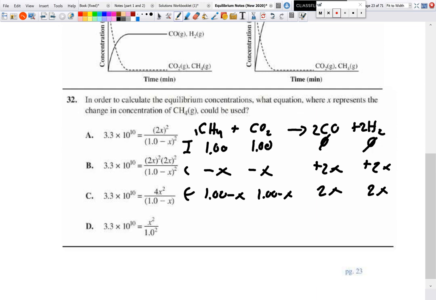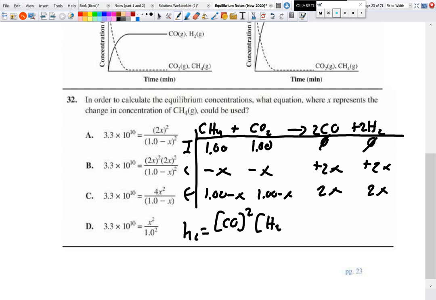So our ice table looks something similar to this. Now we can tell when we do Kc is equal to CO squared, H2 squared over CH4 CO2.